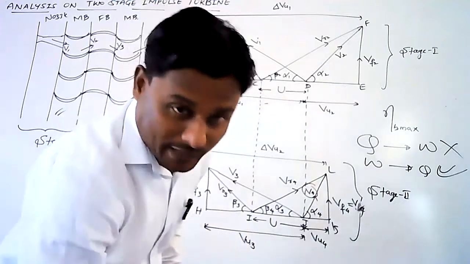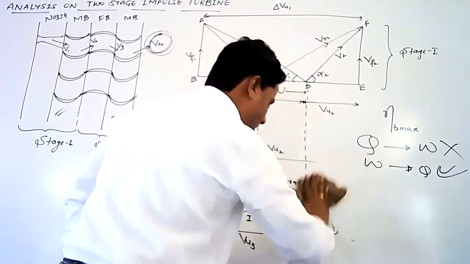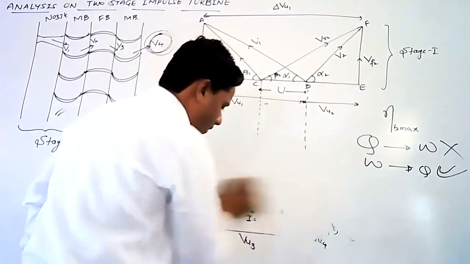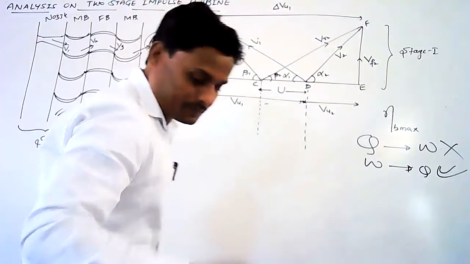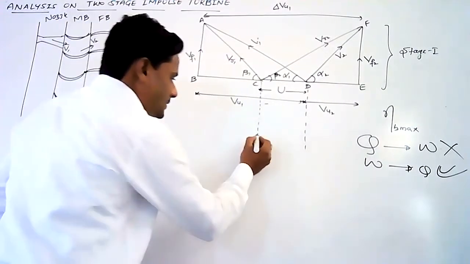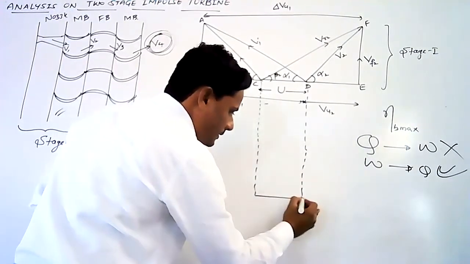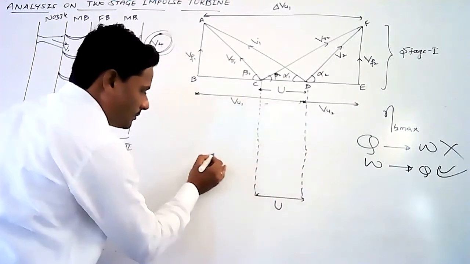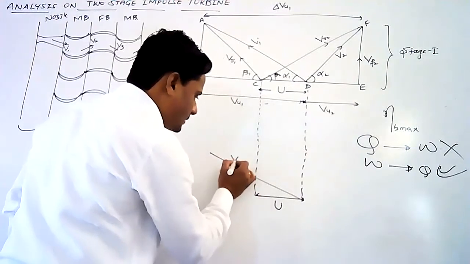So we can redraw this velocity triangle, particularly the outlet velocity triangle. Let us draw it one more time. This is the common base U, and from this point V3 emerges.